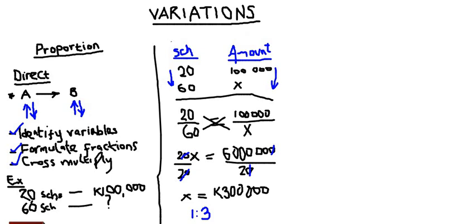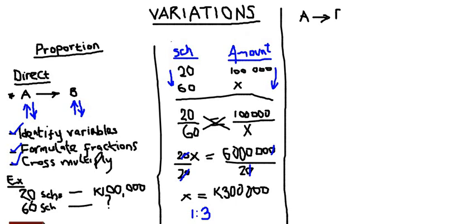The other type of proportion is indirect or inverse. So for indirect or inverse, we still have two variables that are proportional.